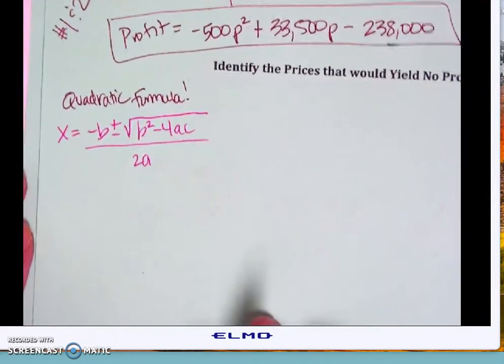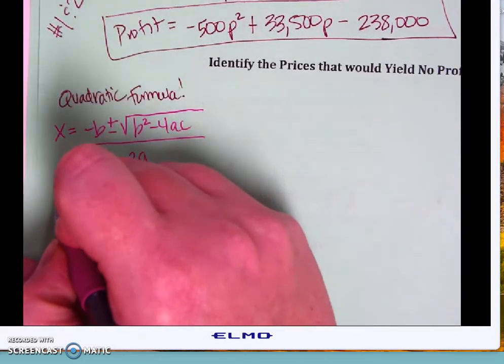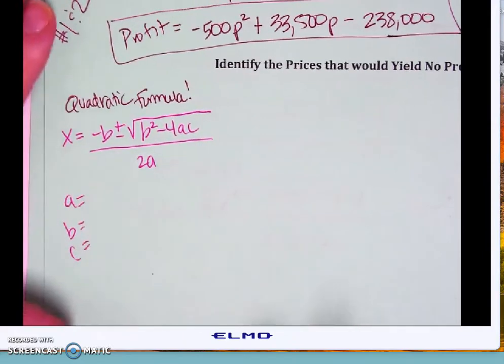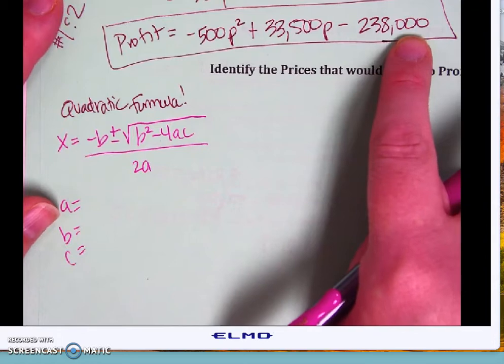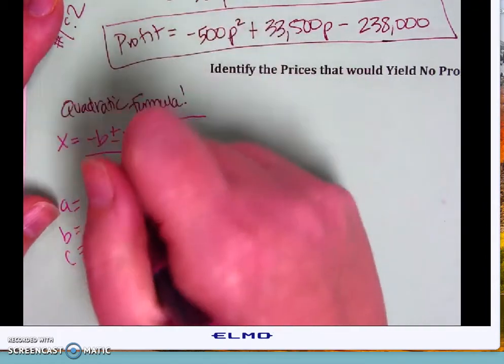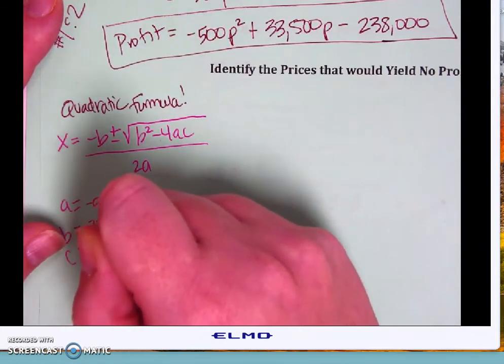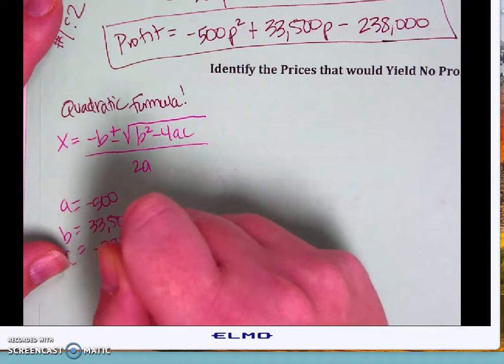It's a good idea to write it down in this packet because I know we did it in our last unit, but we haven't written it down in our new packet yet. So we're going to find the a, b, and c from the profit equation we just wrote. A is negative 500. B is 33,500, and C is negative 238,000.